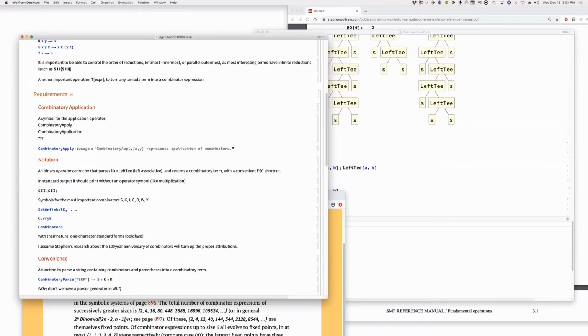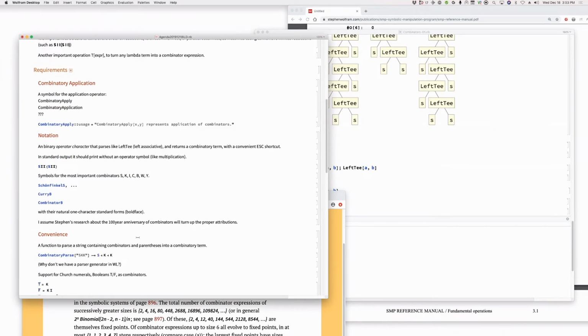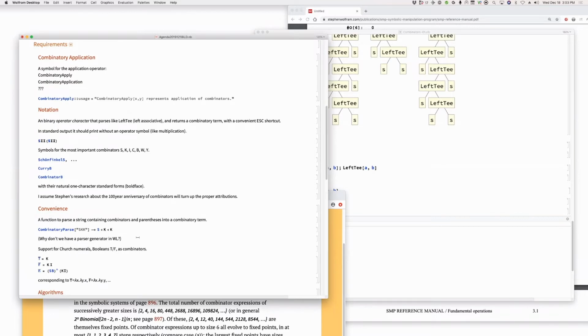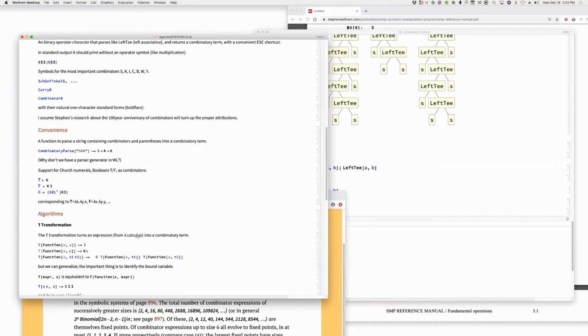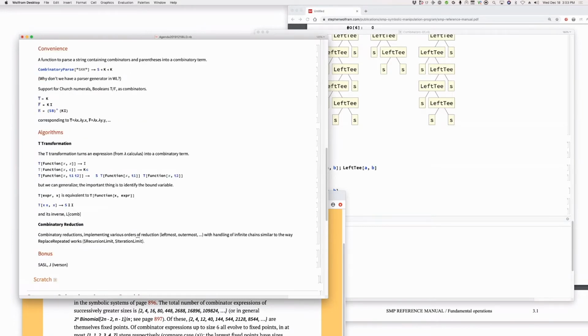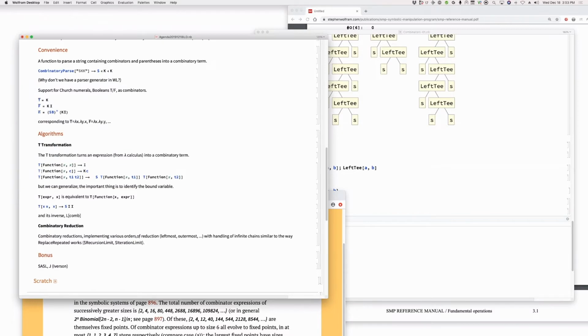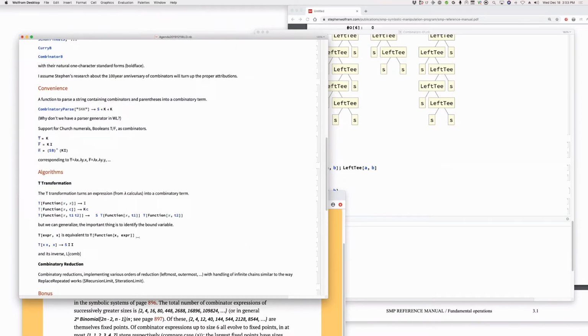So we need that combinator apply or inactive constructor. And then we need the operator symbol, a nice escape form, and a nice output form that looks the way it's supposed to look as a combinatorial expression. And then we need that T operator that turns lambda expressions into combinators, and the reverse, which turns it back into lambda expressions.